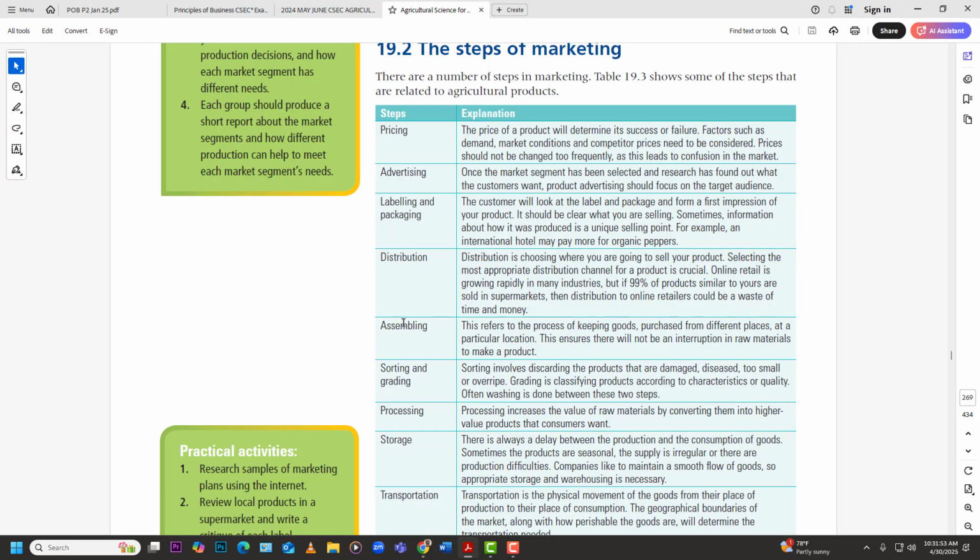Sometimes as a farmer, you want to spend more time producing, so you let somebody else handle the distribution, selling, and that kind of thing of your product. That's up to you. But distribution nonetheless is how you decide to sell your product, how you decide to get your product to the customers. You can use online, you can use face-to-face, you can use the supermarket, whichever. But it's how you're going to reach your customers.